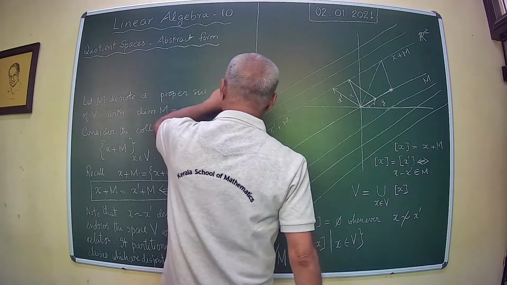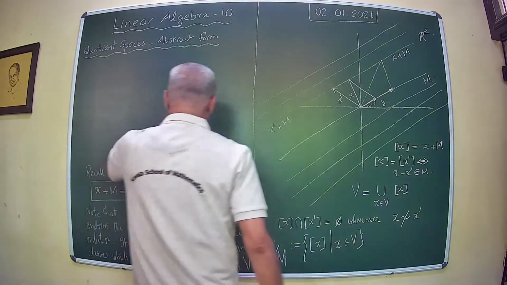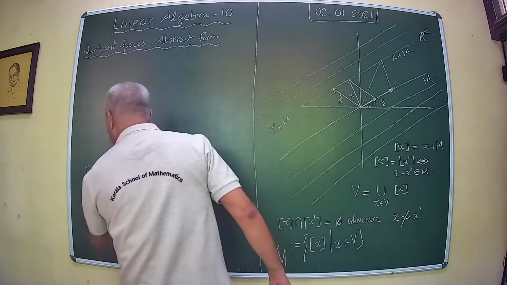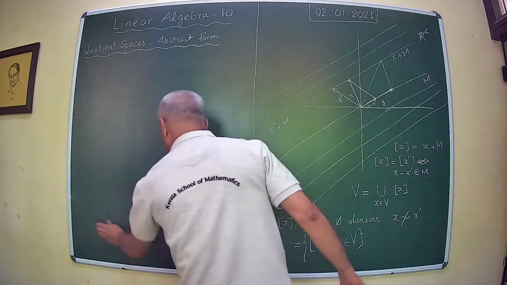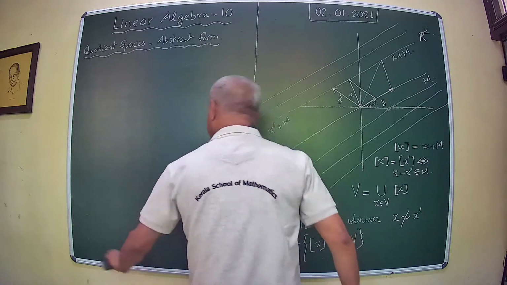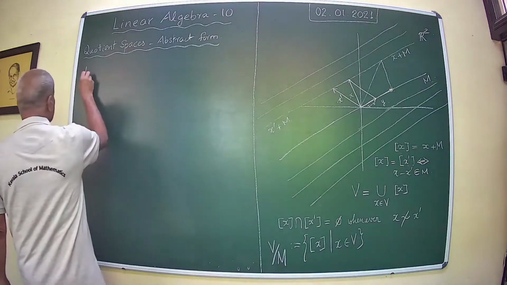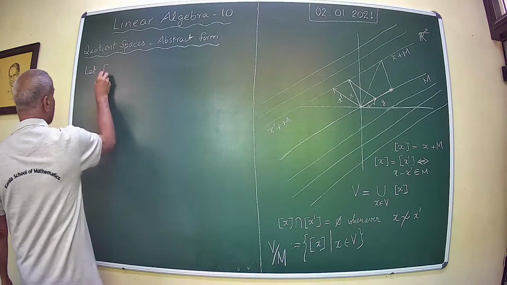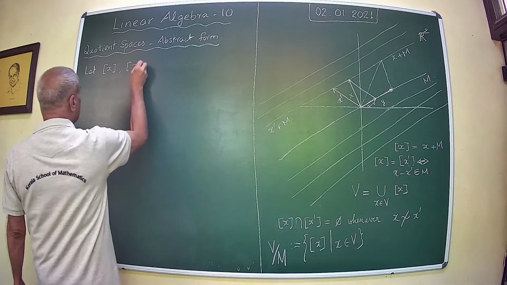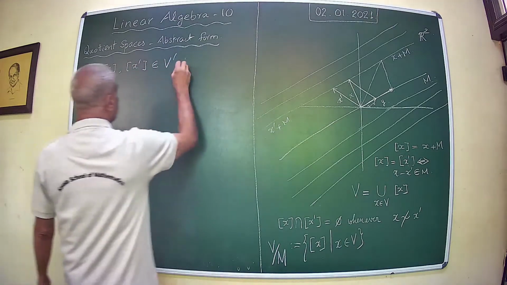Now let me go further and try to do some kind of algebra on that. So we take V by M. Define the sum.